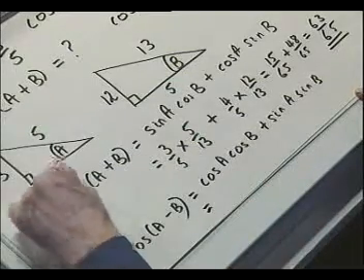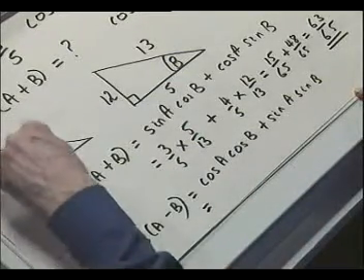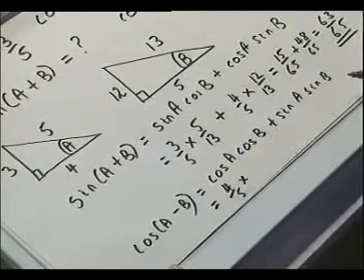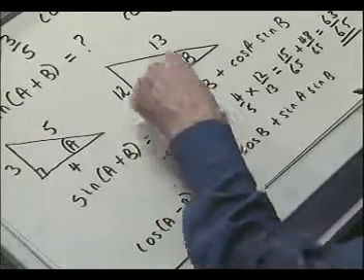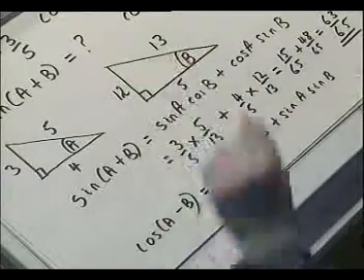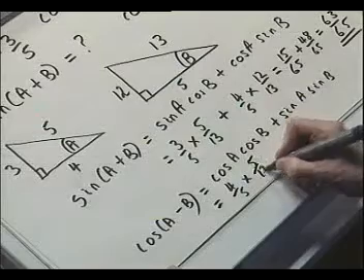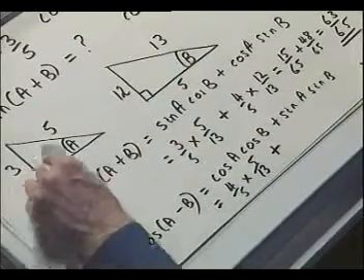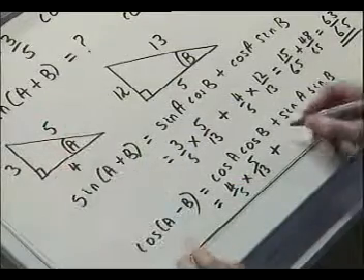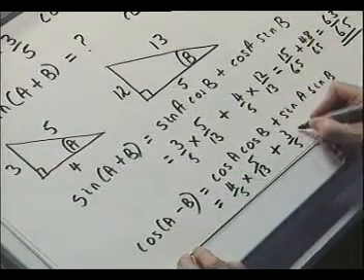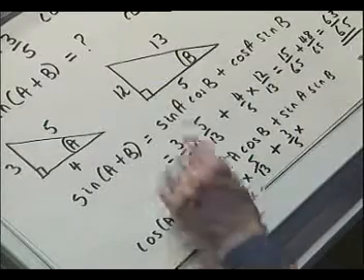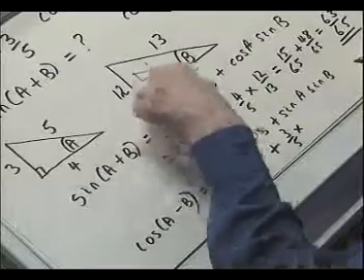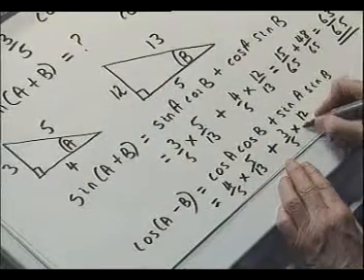Cos A, that's 4/5, adjacent over hypotenuse, times cos B, that's 5/13, adjacent over hypotenuse, plus sine A, that's opposite over hypotenuse, 3/5, times sine B, that's 12/13, opposite over hypotenuse.